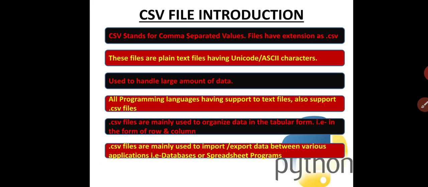From a CSV file we can send data to the database, or from a database we can import the data into CSV files. So if we have created any CSV file in a Python program, that CSV file can be used in the database as well as in the Excel spreadsheet program to import the data from those CSV files created using Python programs.